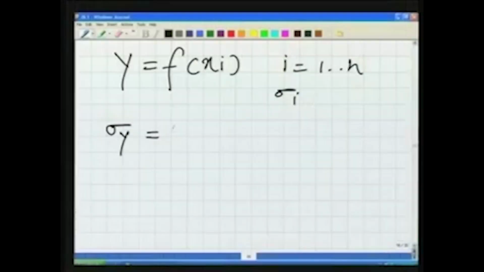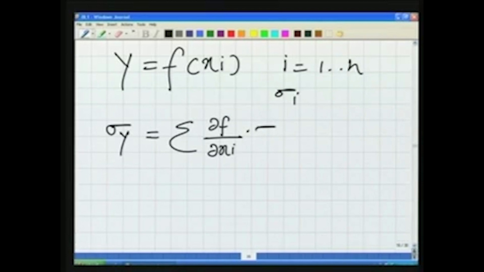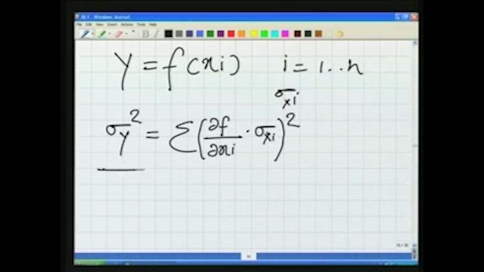This is given by, as we write here, sigma y squared is the sum of the partial derivative of f with respect to x i multiplied by the standard deviation of that variable, and square of these. So this is how it is given. What you can do now, you can make use of this and compute the standard deviation of your final value.